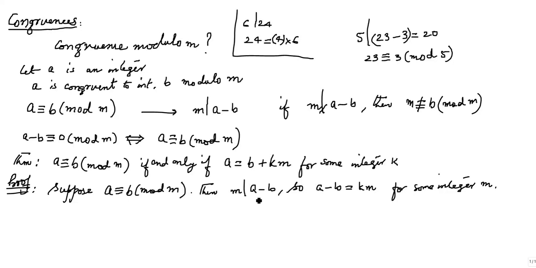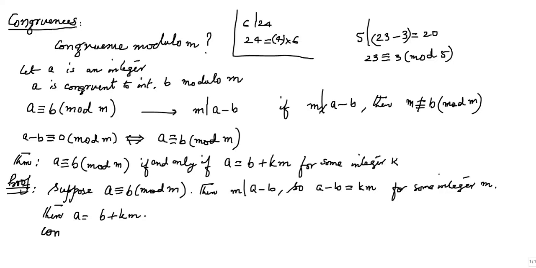So similarly, if M divides A minus B, it means A minus B must be equal to an integer times M. Then we can take negative B to the right hand side, or we add B to both sides in this equation, we get A is equal to B plus Km. That's the required result.